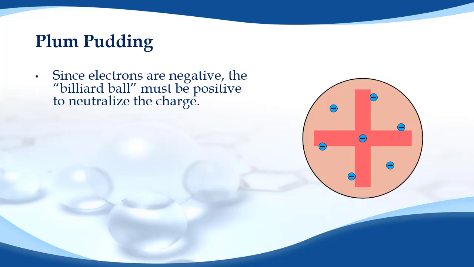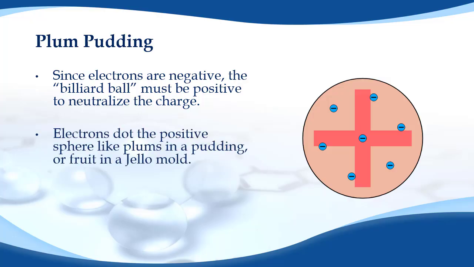Now, there's enough electrons to exactly counterbalance the positive charge of the billiard ball in this case. All right, so this is a way to think about Thomson's model. Here we've discovered the electrons, and all we've done is just move the model forward a little bit to account for it.